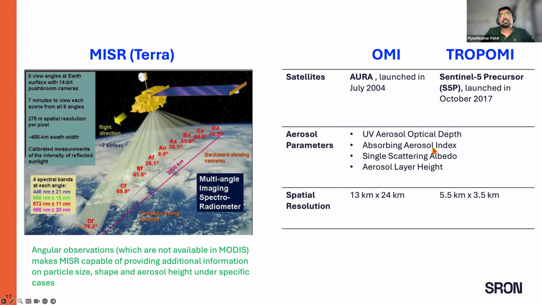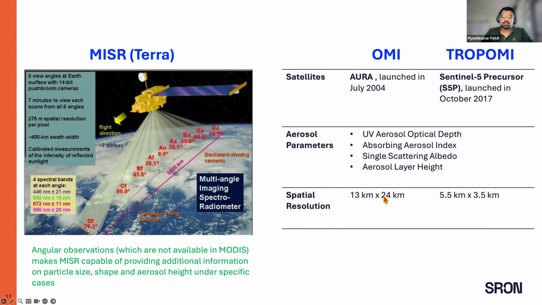We also have an additional variable called the absorbing aerosol index, which gives you information about absorbing aerosols, particularly black carbon or dust. And we also have the single scattering albedo, which is very important when you calculate the radiative forcing.